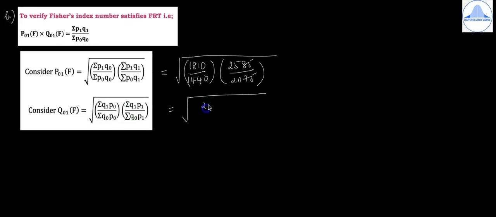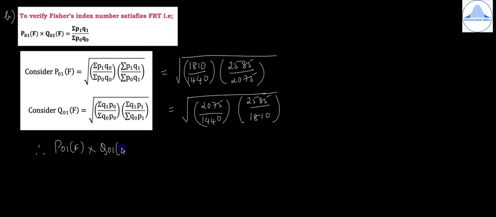So it is root of 2075 divided by 1440 into 2585 divided by 1810. Now find the product of P01 of f into Q01 of f, which is equal to root of, you have to write all these 8 totals.